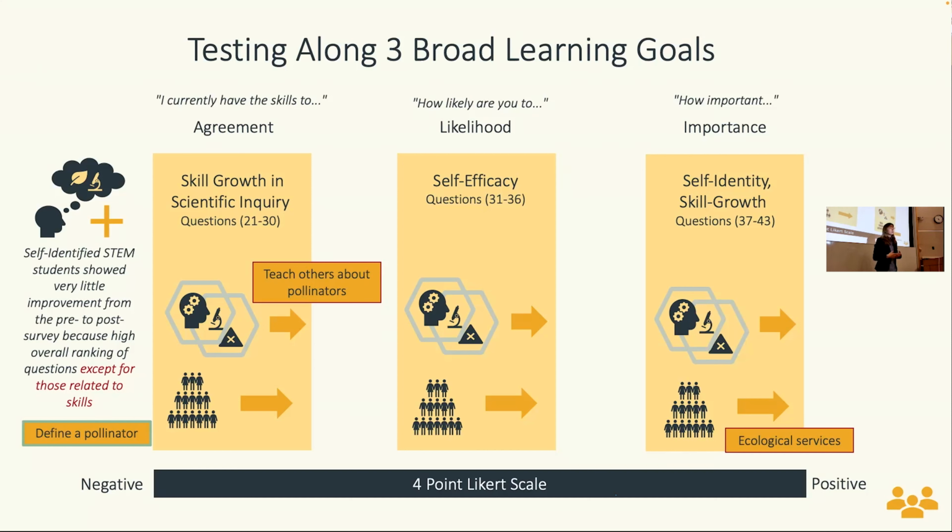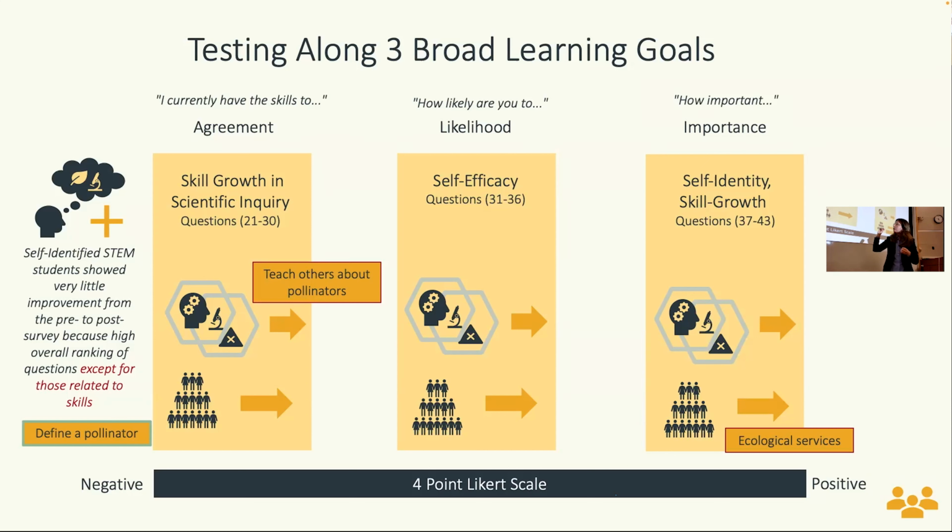So they felt they understood maybe the importance of these ecological relationships. But where they didn't rank themselves positively are these scientific skills that we looked at in the first section for these Likert scale questions.